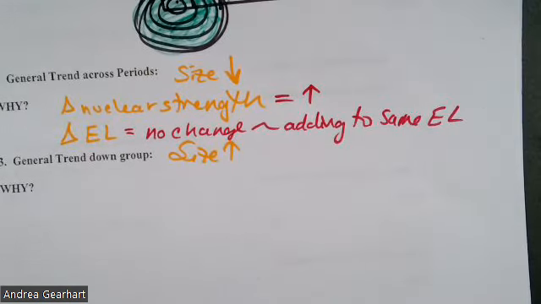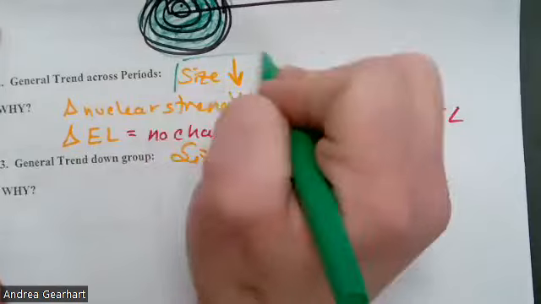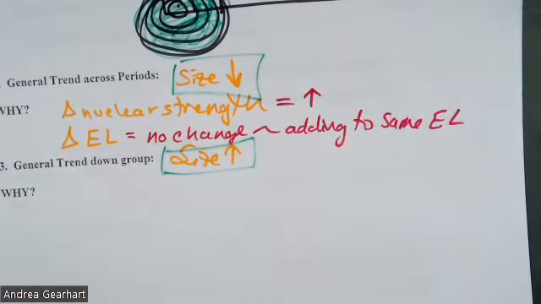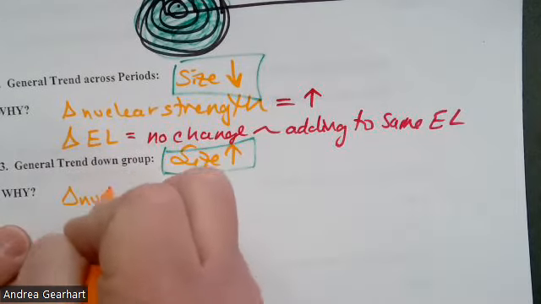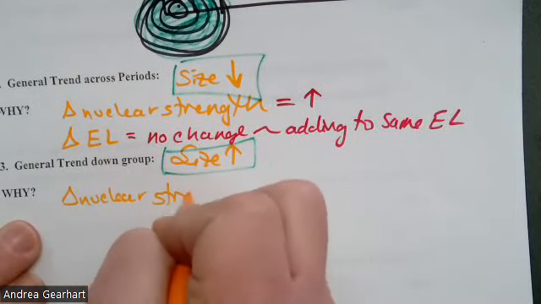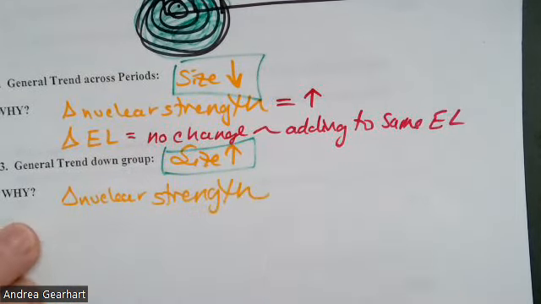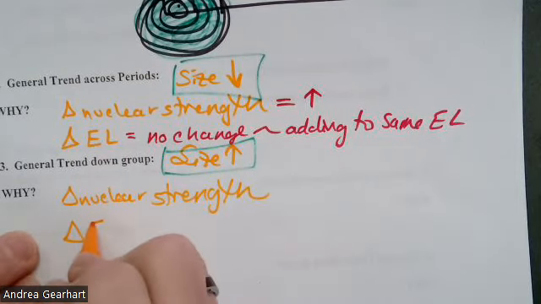All right. Down a group, Eddie, how is nuclear strength changing down a group? Increase, decrease, stay the same.